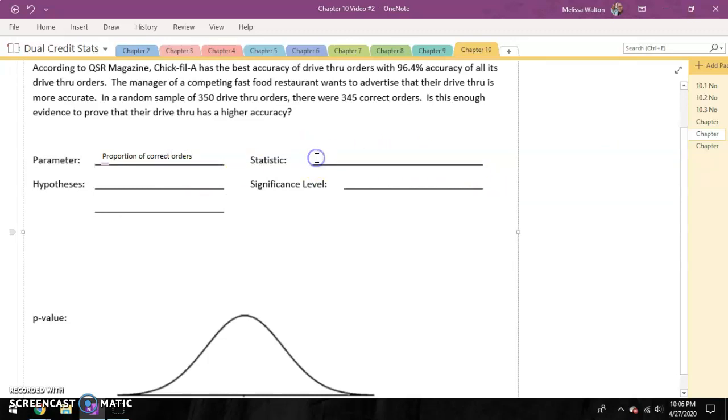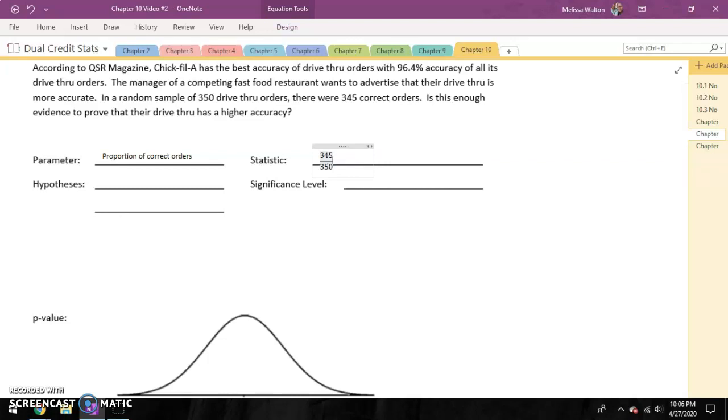All right, and the statistic that we have been given in this, what was our sample? Well, 345 out of 350. If I calculate that real quick and simplify that, that is right around 98.6%. Not bad.